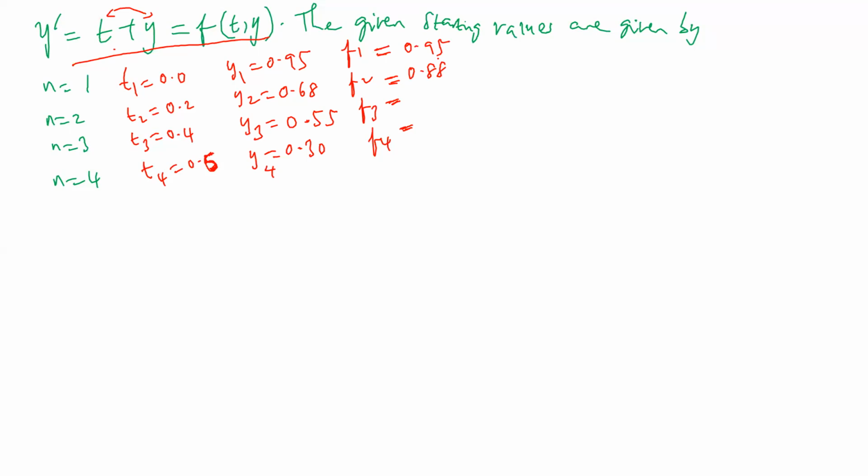Then we add all of them because y primed, which is f(t, y), is the sum. So you have 0.4 plus 0.55, which is 0.95. And then 0.6 plus 0.3, which is 0.90, two decimal places, so just 0.9.